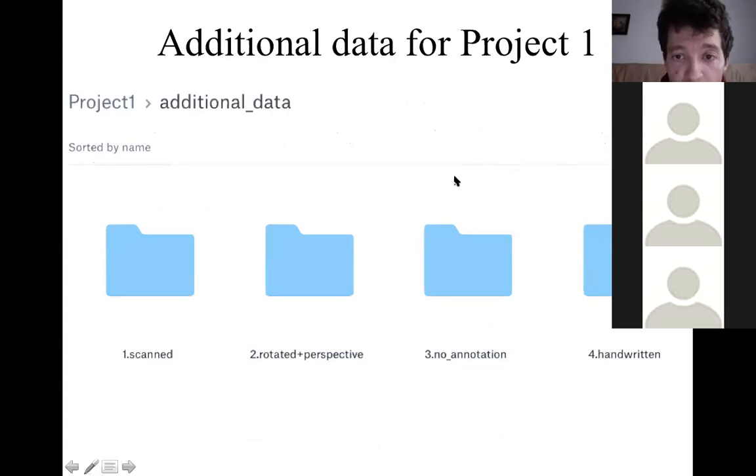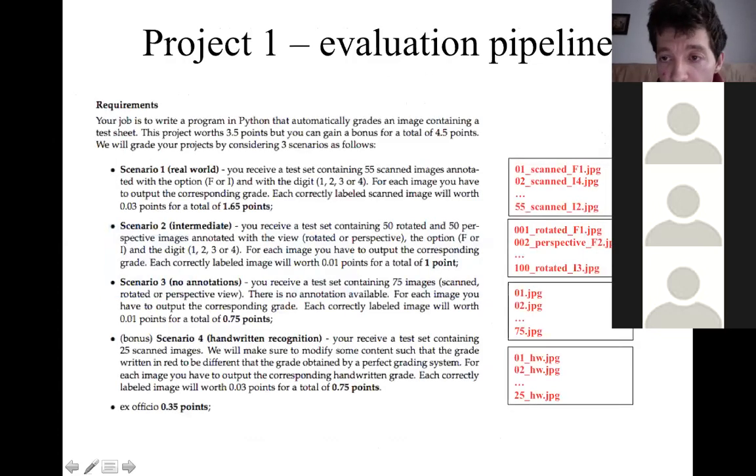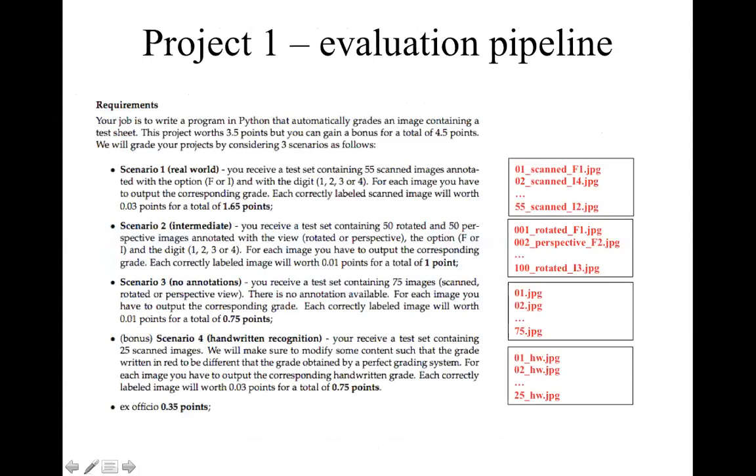In lecture 4, I told you that in scenario 1, we will evaluate your project by giving you 55 scanned images, 01, 02 to 55, named scanned, and you also have the annotation there. F is for physics, 1 is for variant 1, and so on.